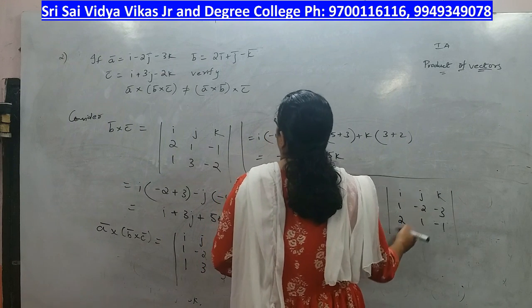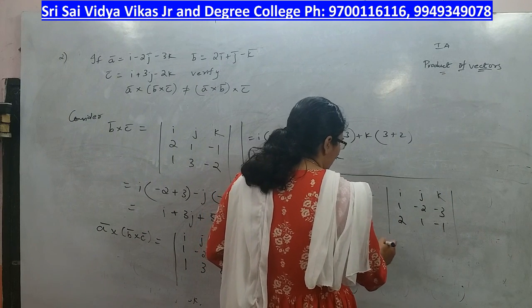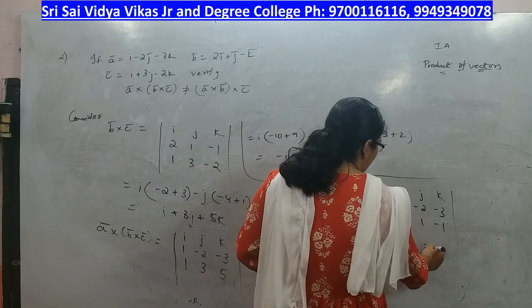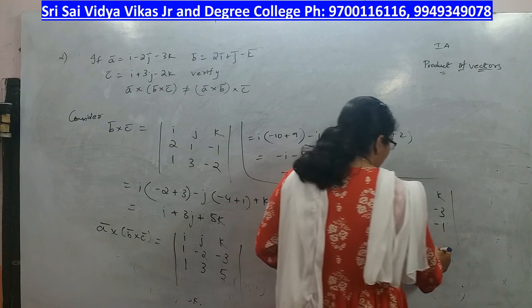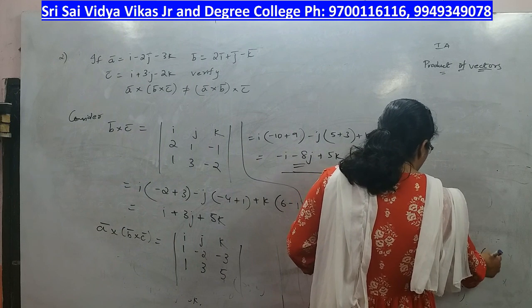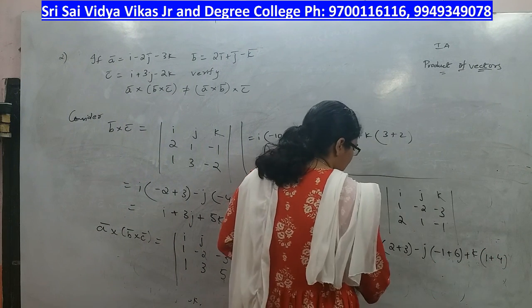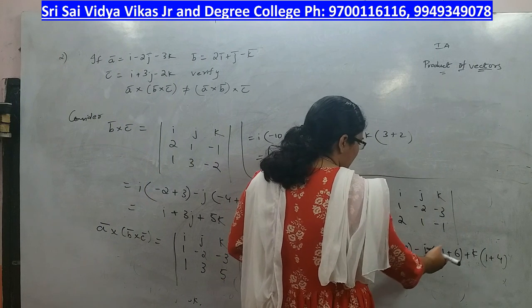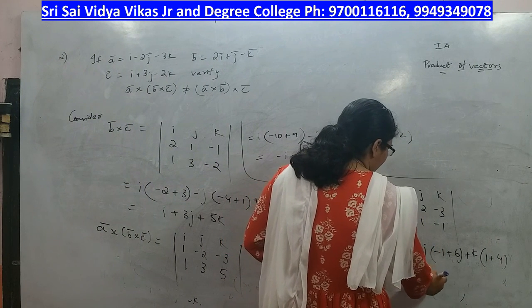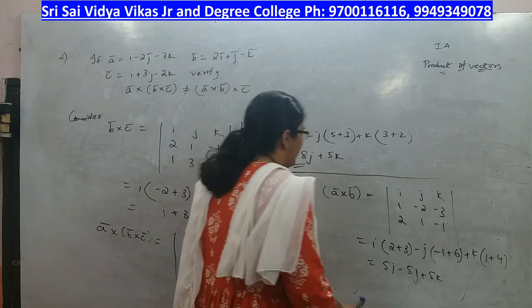That is i into (2 plus 3) minus j into (minus 1 plus 6) plus k into (1 plus 4), which is 5i minus 5j plus 5k.